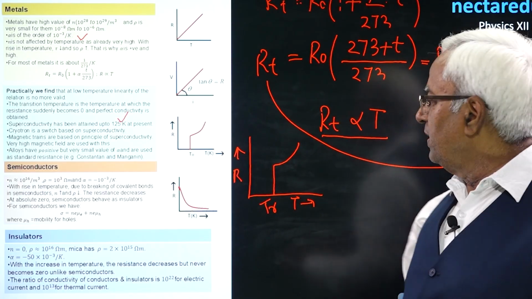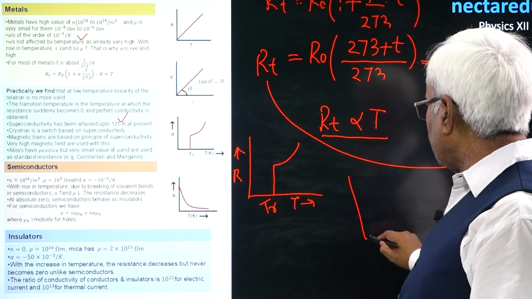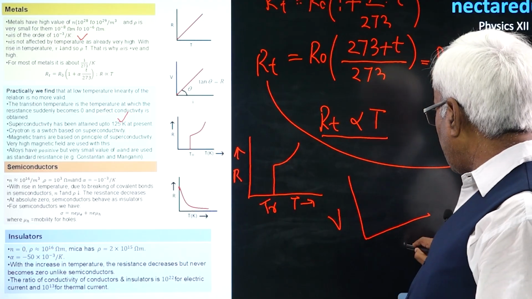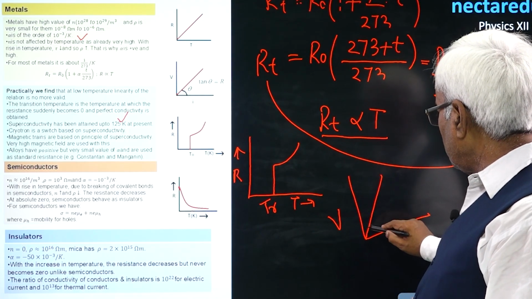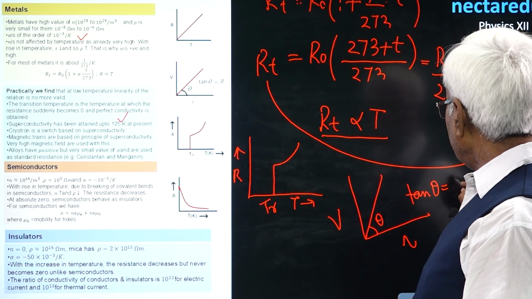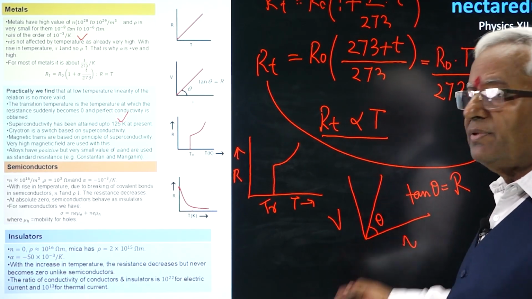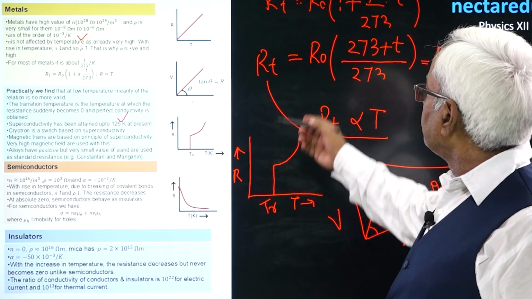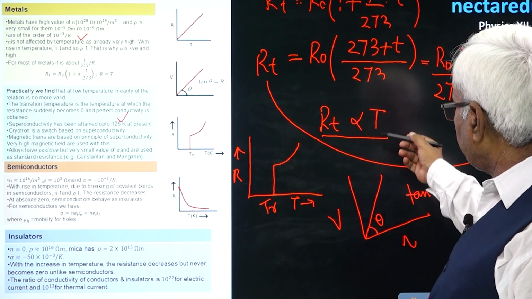That's why for practical labs in physics, the resistance wires are chosen always of constantan and manganese. If we plot the graph between V and I, V and I are proportional, and tan theta is going to be equal to R. V upon I is equal to R. And you have seen that R depends on temperature.